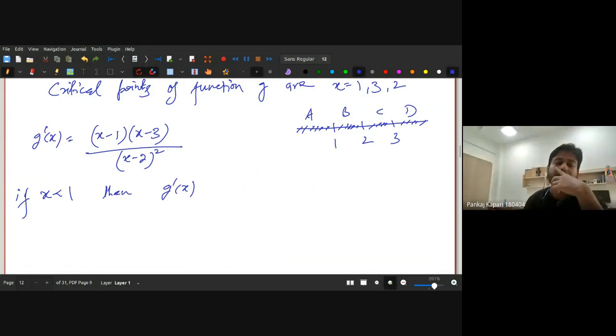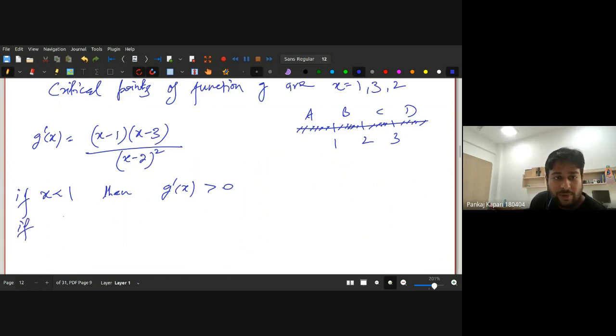If x is less than 1, then this first factor will become negative, right? And this is again negative. The denominator has this square, so it doesn't matter, its sign is always positive. So for x less than 1, both these factors x minus 1 and x minus 3 are negative, their product is positive. So this sign is positive.